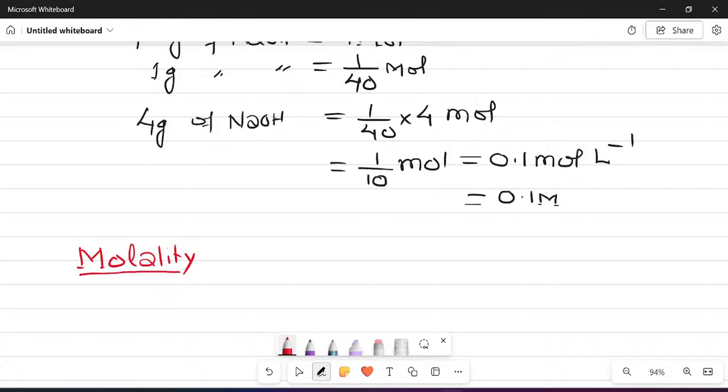Look, here we see molarity means number of moles per liter of solution. Liter is volume. We are concerned with volume. So in case of molarity, it involves volume of solution.